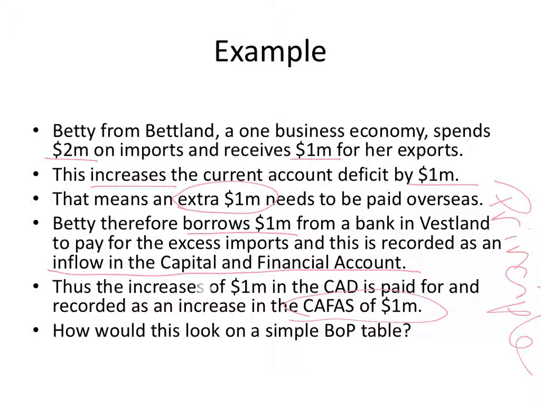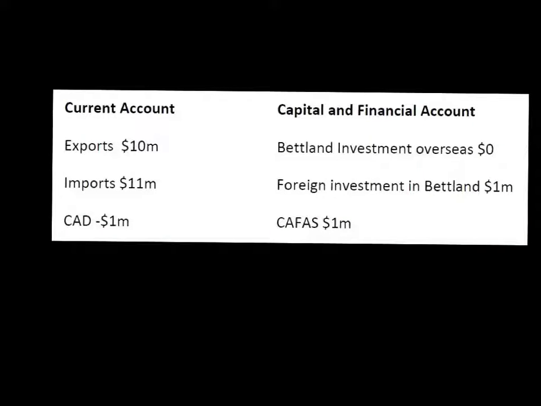So how would this look on a simple balance of payments table? Okay, so here's our simple balance of payments table. Exports of $10 million comes in, imports of $11 million payment goes out, so we've got a deficit of $1 million that is paid for by borrowing that money from overseas.